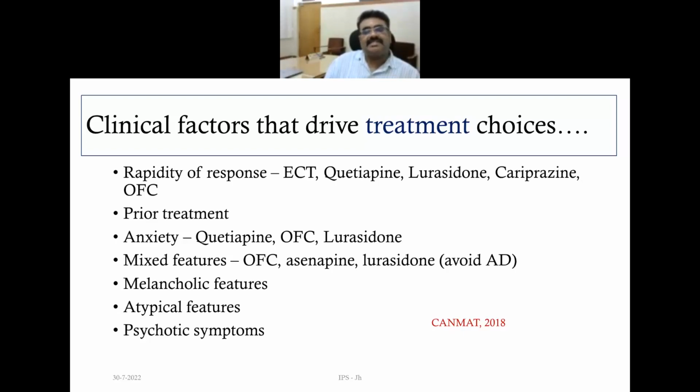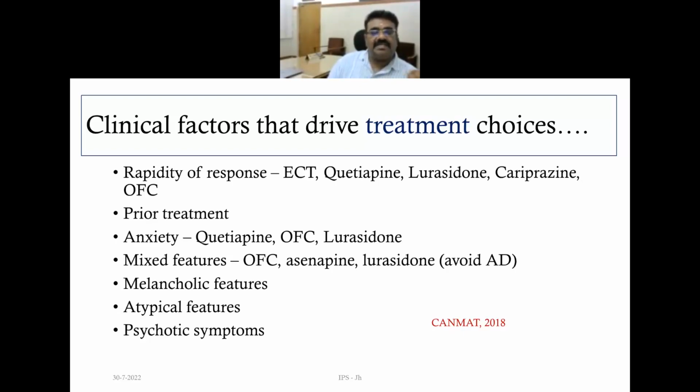If there are features of anxiety along with the depressive symptoms, then quetiapine, olanzapine-fluoxetine, and lurasidone seem to have a slightly better effect than the other drugs. In terms of mixed features, of course, you have OFC, asenapine and lurasidone. Avoid antidepressants, especially in patients with mixed features, as the risk of switching would be that much higher.